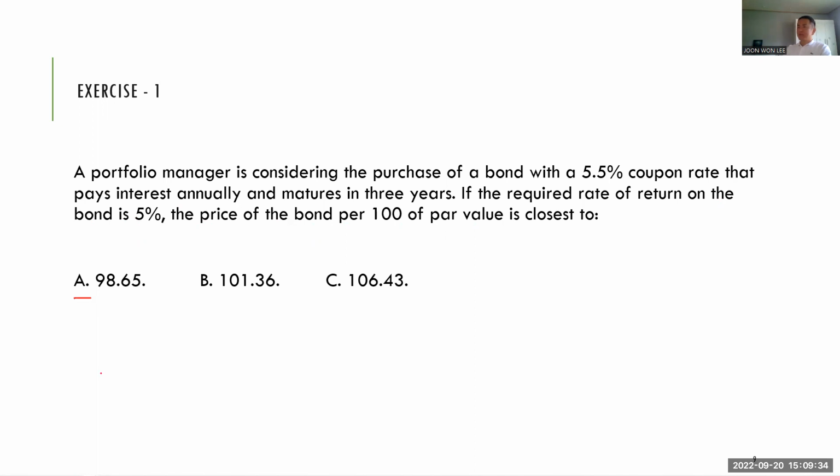Any chance that A is the answer? No, because the coupon rate is 5.5% and the market rate is 5%. So the coupon rate is higher, and par value is 100. So the price of the bond should be higher than 100, right? So either B or C.